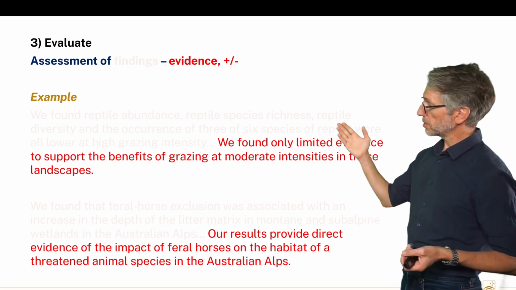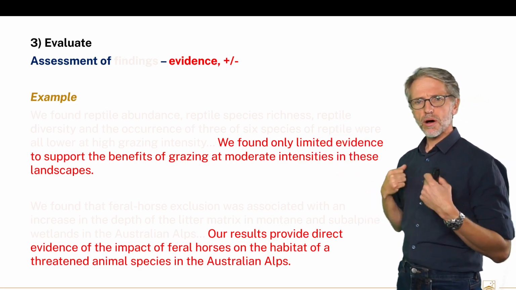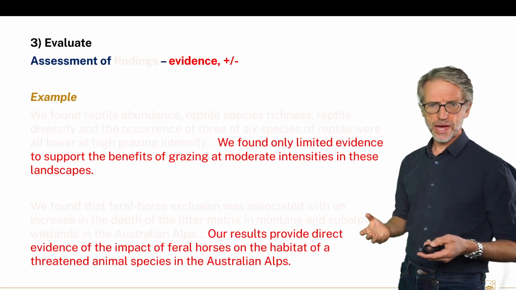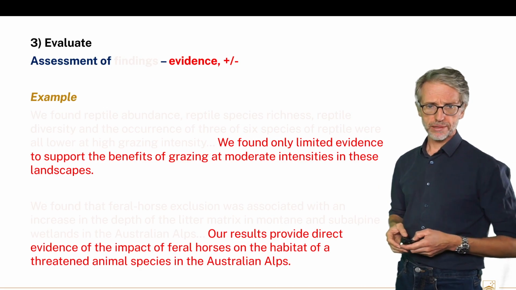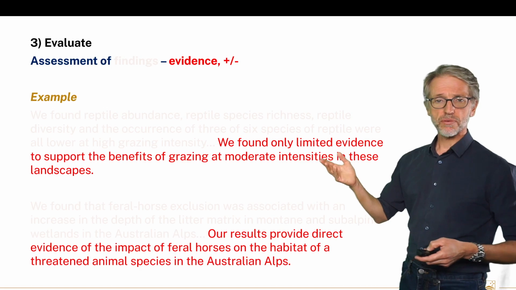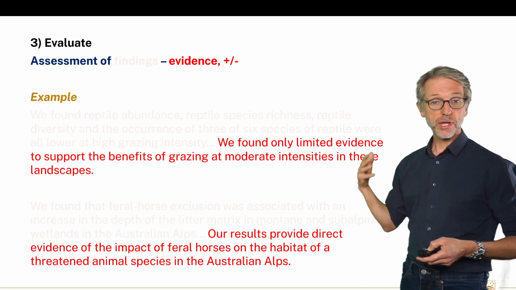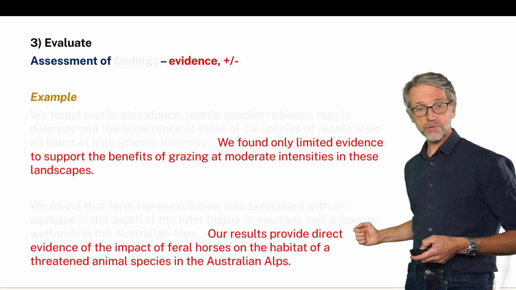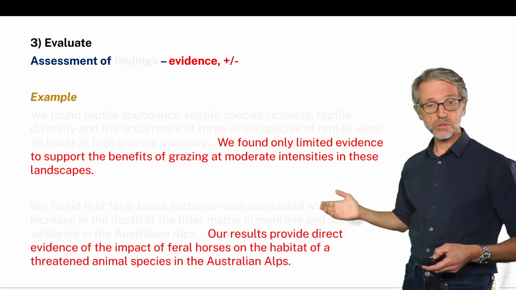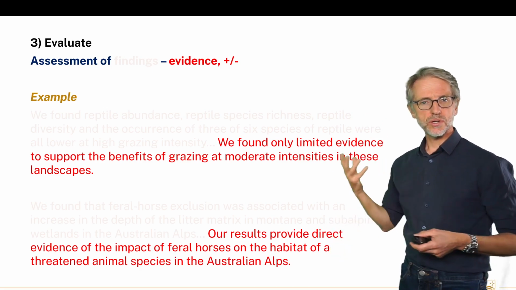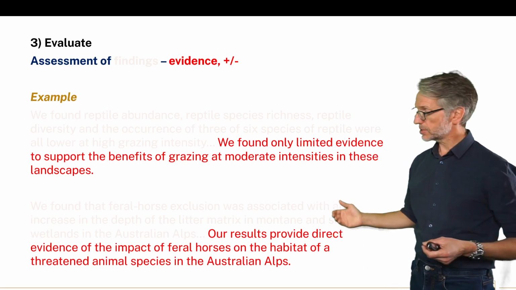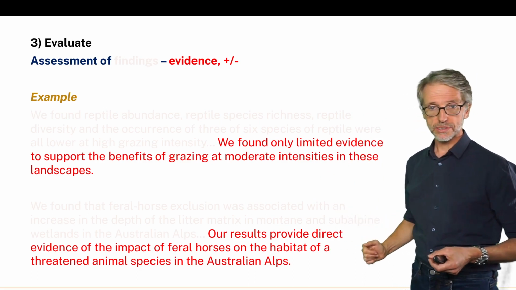So we not only present the results, but we offer an evaluation of how valuable they are and how they might be applied. You can see two examples here in which the results provide only limited evidence to support an idea, or they provide direct evidence. In this one here, associated with feral horses on habitat, is there good evidence? Is there limited evidence? Is it unclear? Is it strong evidence? Is it direct evidence?